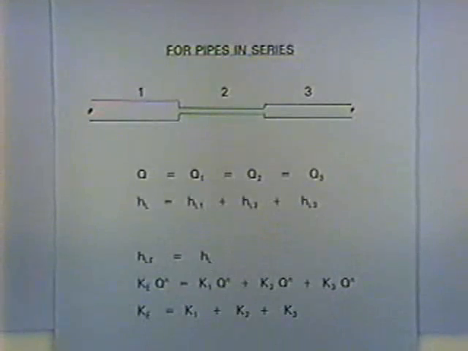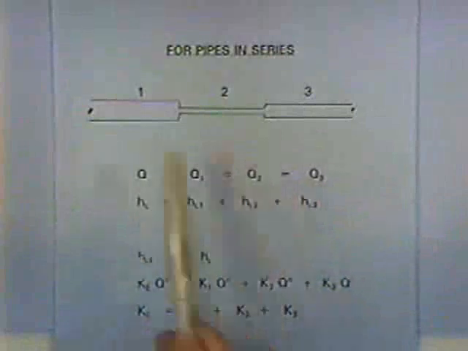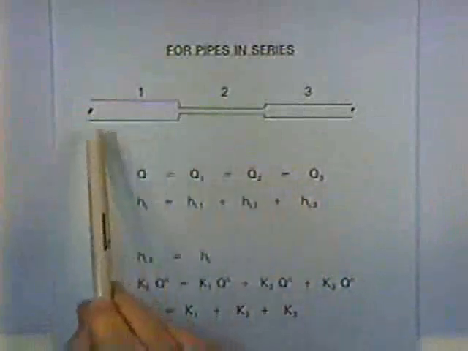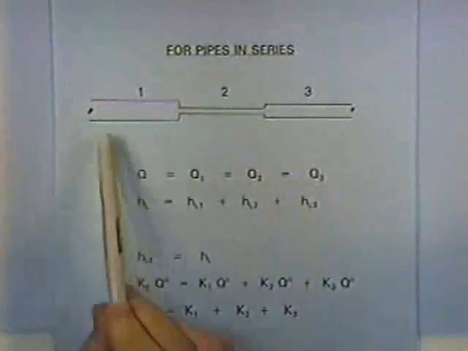A few minutes ago we talked about the concept of an equivalent pipe, and you might even want to use that in a practical problem. Say you had a very complex system and this is just part of the system. You've got the water distribution system for Fort Hood, and it has thousands of pipes, and you want to simplify the problem.